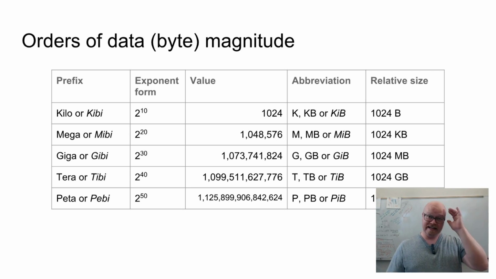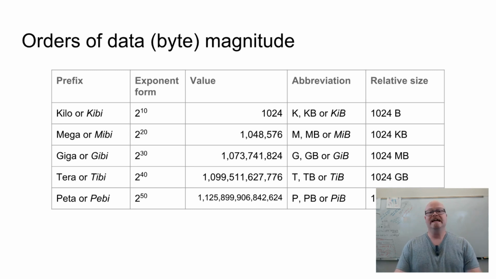But since the late 90s, the standard has changed, and you can see it here on these slides, where instead of talking about how many K or KB as the abbreviation, we see this little i show up in the middle, and that's a reference to the alternate contemporary prefix kibi. And so instead of kilobytes, megabytes, and gigabytes, the current IEC standards indicate that we should say kibibytes, mebibytes, and gibibytes, etc.